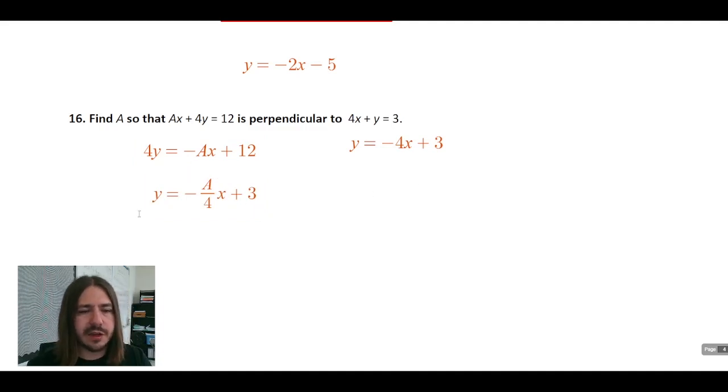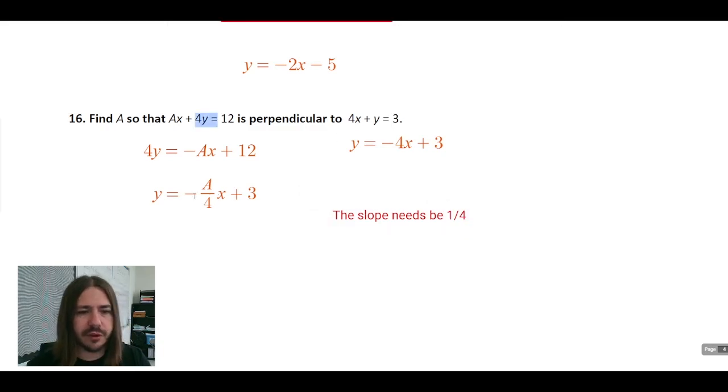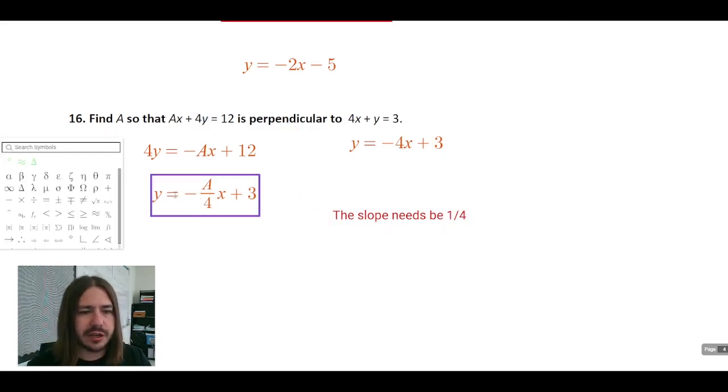Okay, so let's think about what the slope should be. If they're supposed to be perpendicular, this one has a slope of negative 4. That means the slope needs to be positive 1/4. Okay, so this is going to be a little tricky. We need this little expression here. Here's the slope, right?